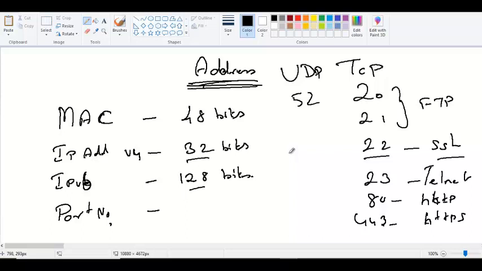I'll give you a clue. For going online, without UDP 53 it is not possible. If you want to log into Facebook or YouTube, you need UDP. Santosh.